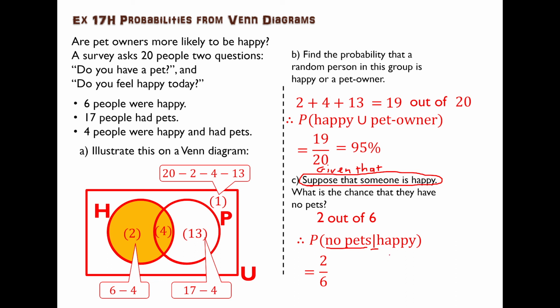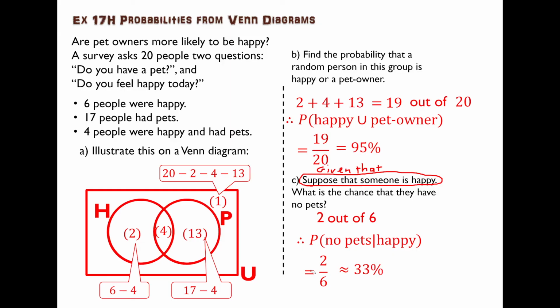So if I'm only choosing a person who is happy and ignoring all of the others, they can't be picked, then if they are happy, given that, what is the chance that they have no pets? And that is 2 out of those 6 people have no pets. And again, you could convert this to a percentage, put it in your calculator, multiply by 100%, and you will get 33%.